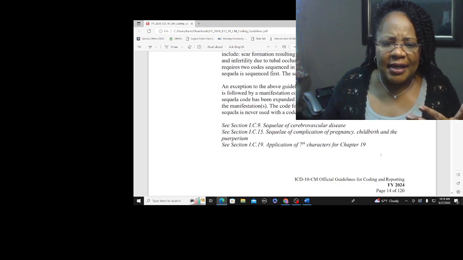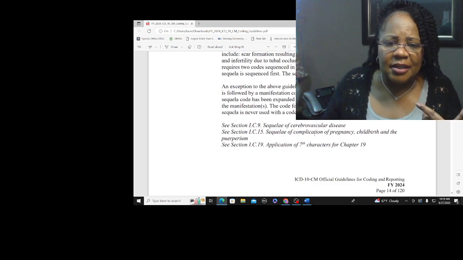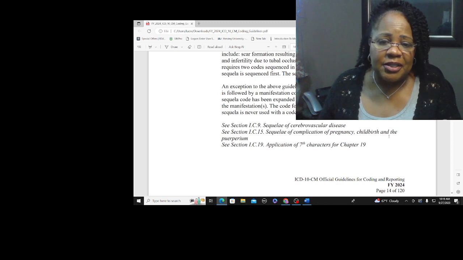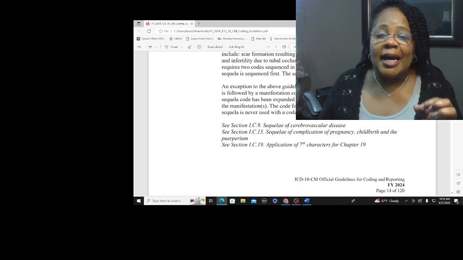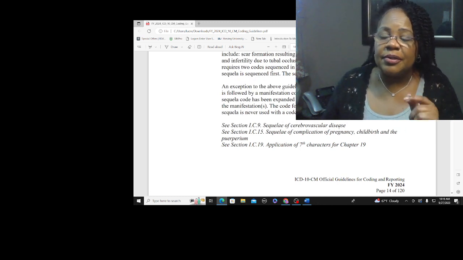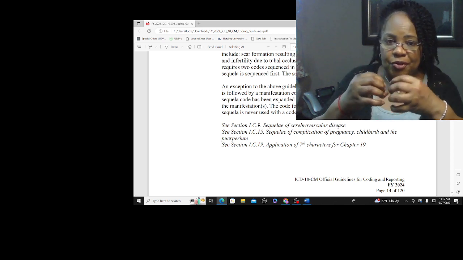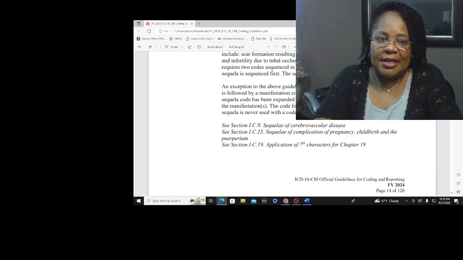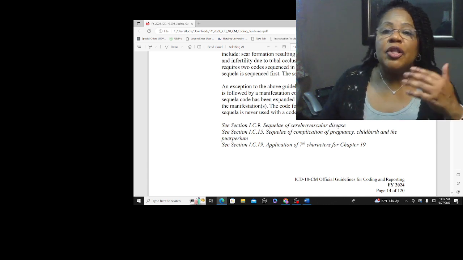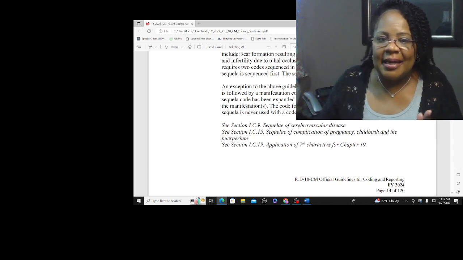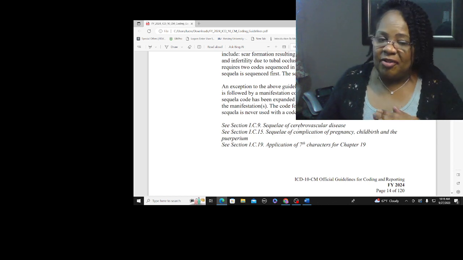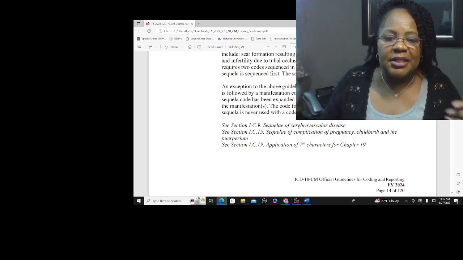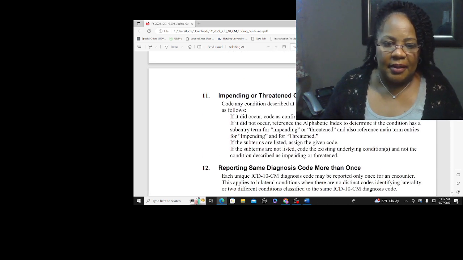And the only category that I know here, it says here, it's been done in complications of pregnancy, childbirth, and the puerperium. I've seen it in cerebral vascular disease. Most patients with the stroke, the late effects of the hemiparesis when they're paralyzed on one side, etc., that category has been expanded to include the late effect with the current condition the patient's experiencing.